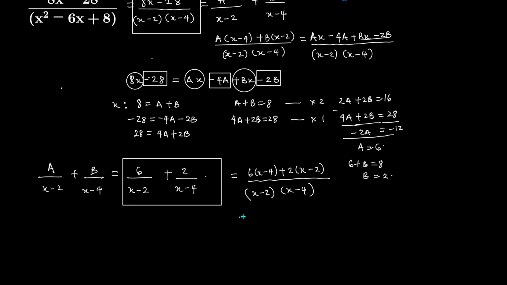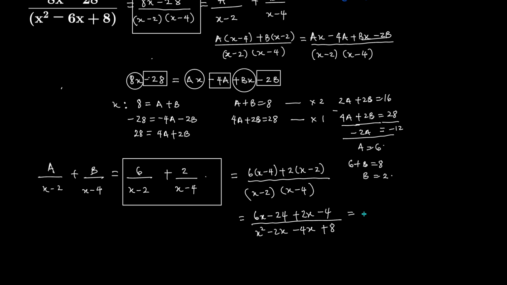So this equals 6x minus 24 plus 2x minus 4. We can expand this as x squared minus 2x minus 4x plus 8.